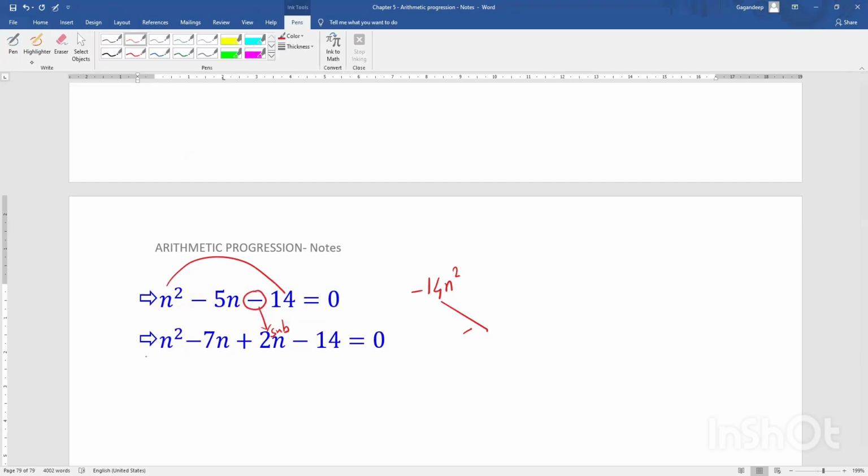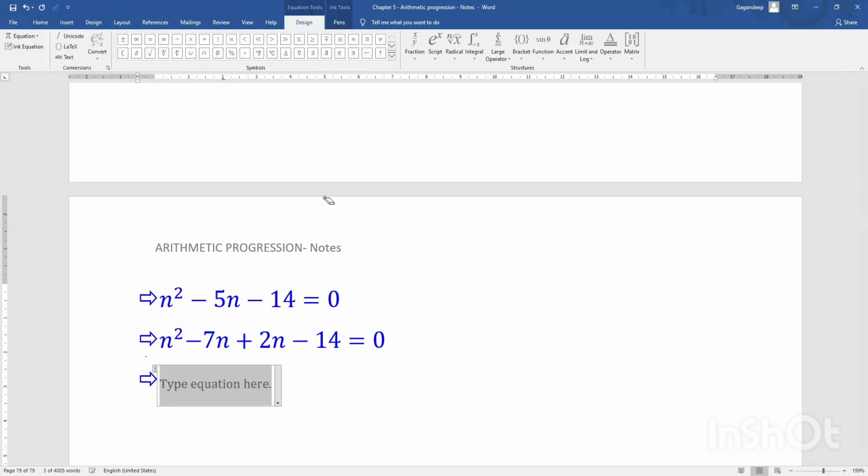I'm going to erase this one. Now we can take out n as common. Let me write it: n into n minus 7 plus 2 into n minus 7 equals 0.